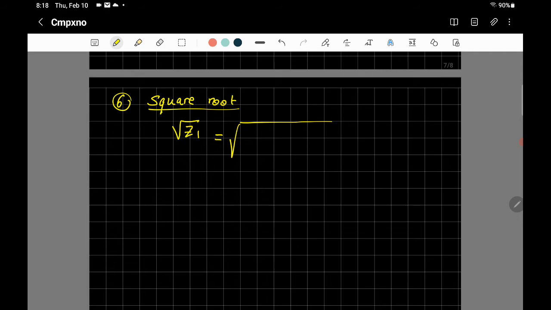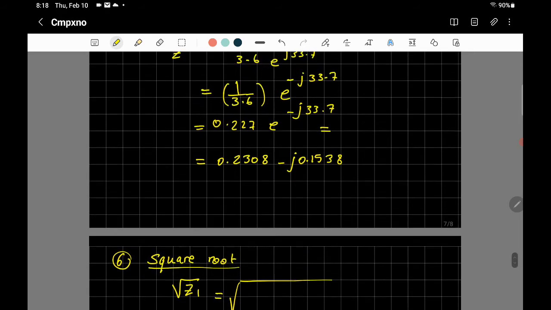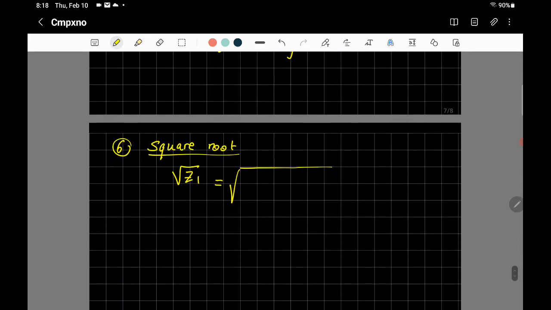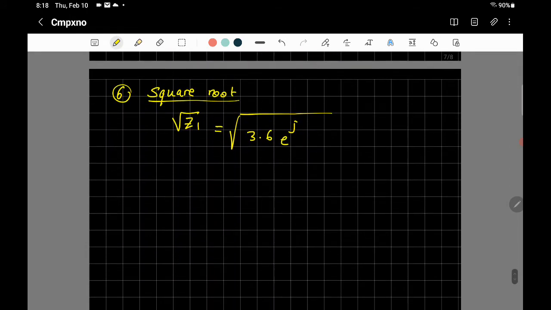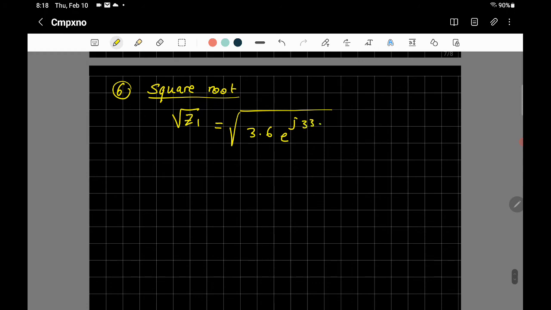I will use again the polar form, which is equal to 3.6 e to the power of j33.7. Square root means power half. You can write the same thing here, 3.6 e to the power j33.7, the whole to the power half.